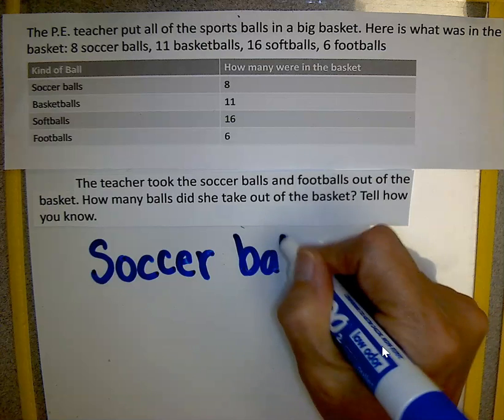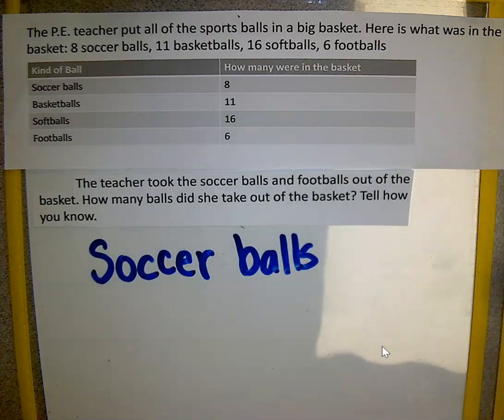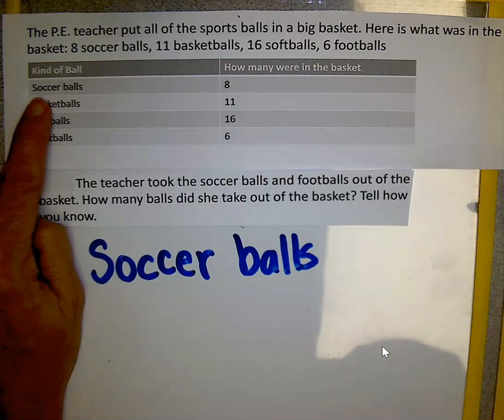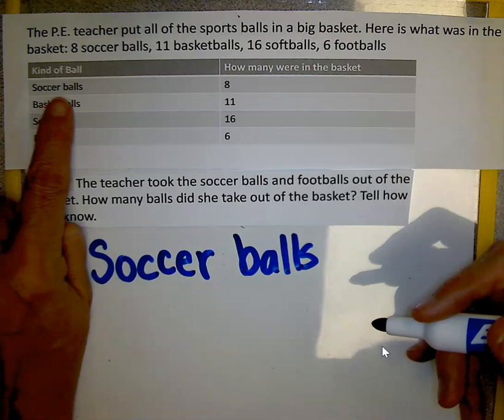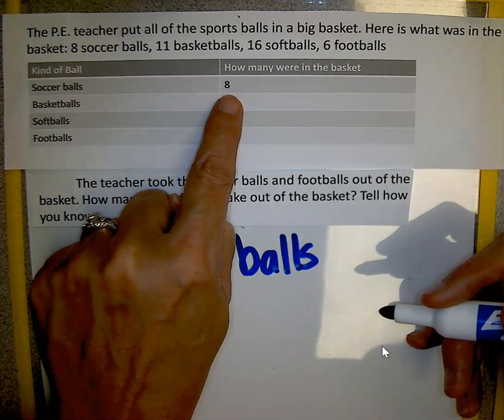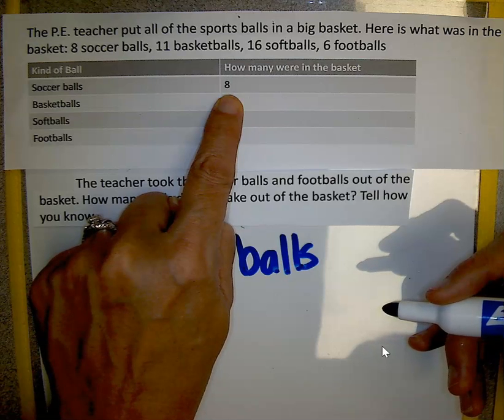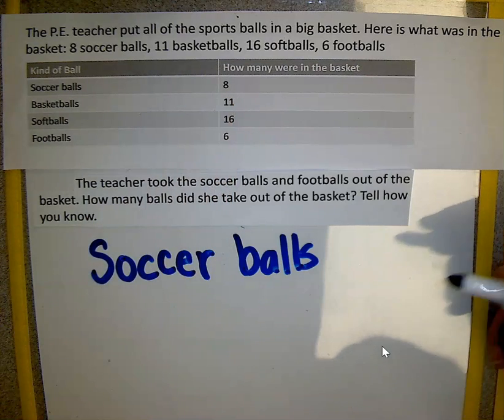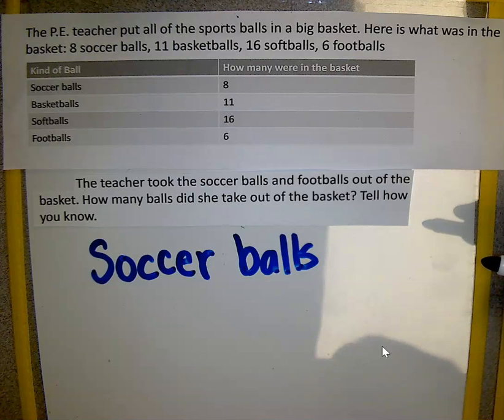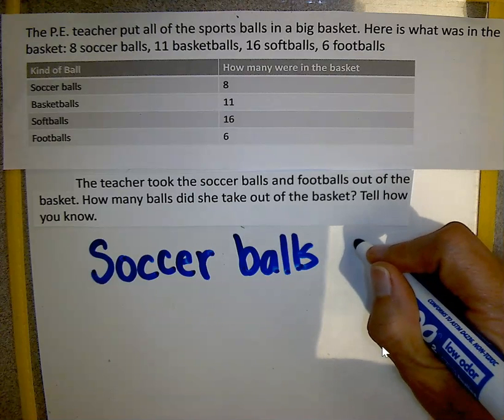Soccer balls. The teacher I know took out soccer balls. How many did she take out? Let's look at our chart. Soccer balls, and if I look straight across here under this column, it tells me how many were in the basket. Do you know? That's right, 8.